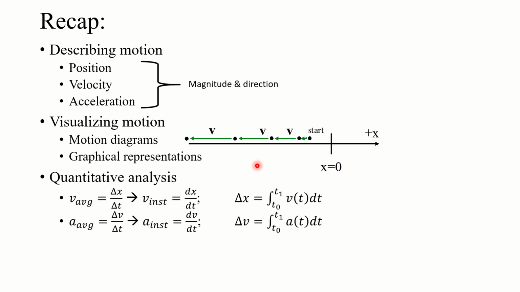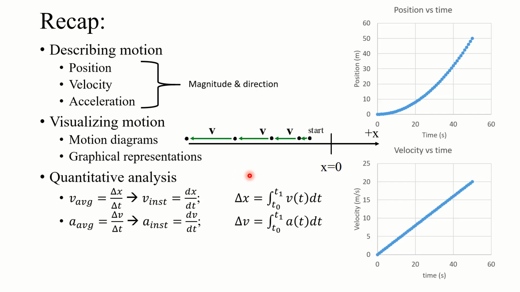We then, in the last class, looked at graphical representation. So we could graph position versus time, and we see some non-uniform motion like this, where we have a curved position versus time graph. We could also plot velocity versus time. In this case, for the corresponding motion, it's a straight line.